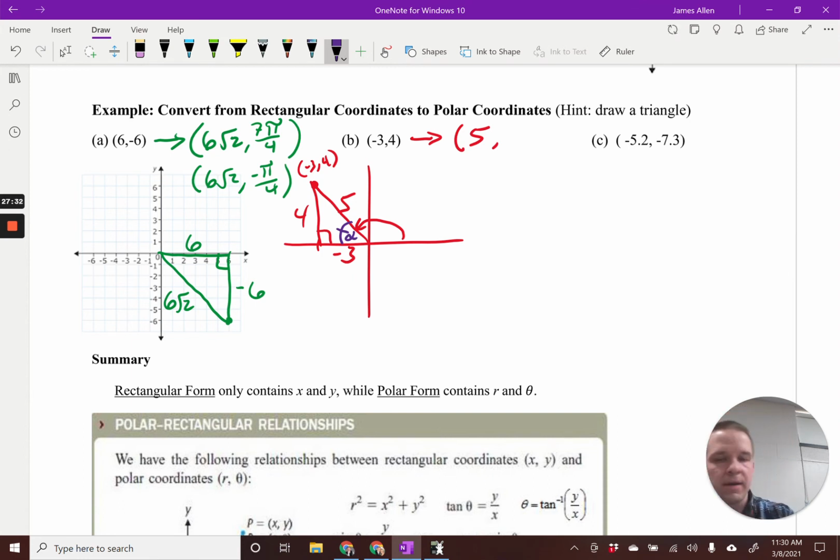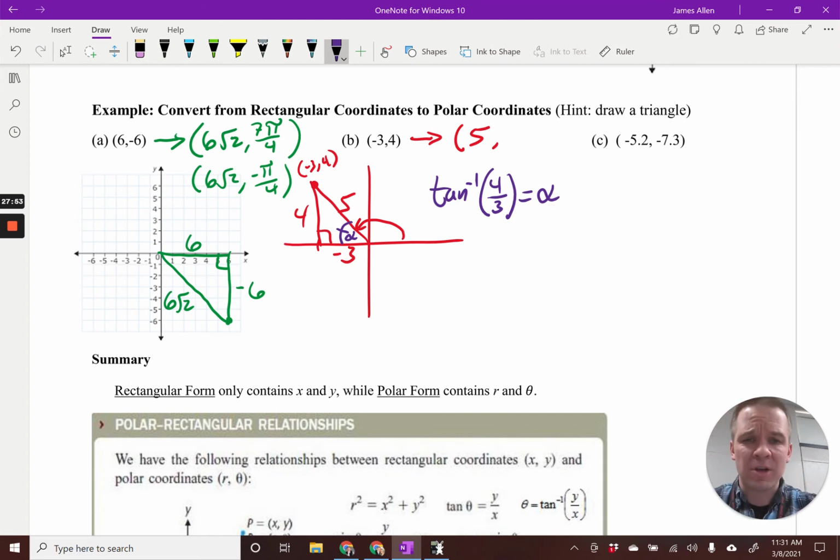So if I want to find alpha as my angle, finding angles would be inverse trigonometry. I'll take the tangent inverse of opposite over adjacent, and that's going to be my alpha, which I'll use to get my theta.